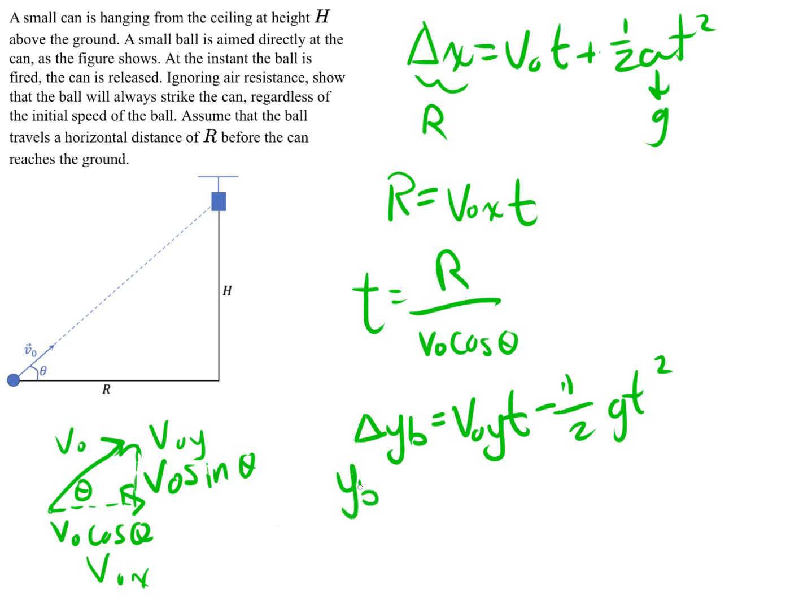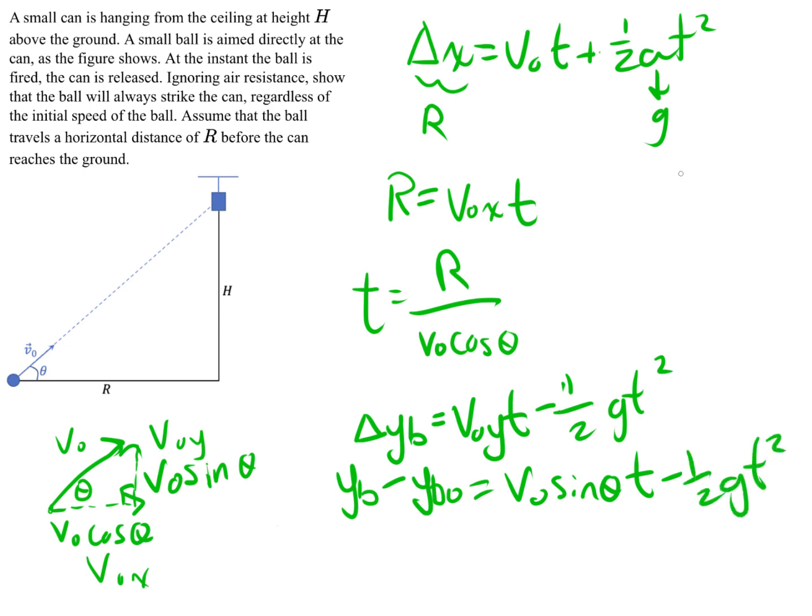So to get its position at any time instant, we can substitute the change in y with the y of the ball minus the initial y position of the ball. That is equal to the initial velocity times sine theta times the time interval, minus 1/2 g t squared.